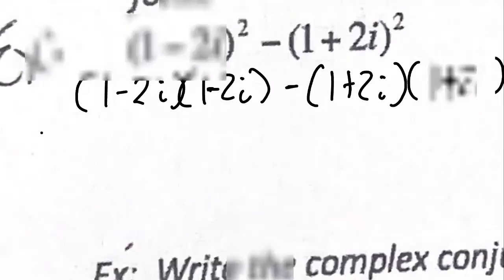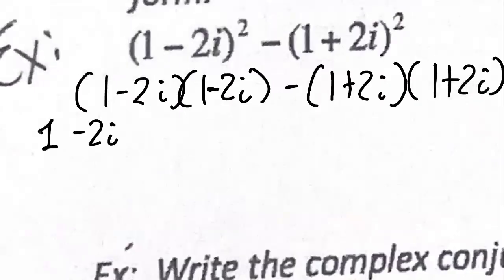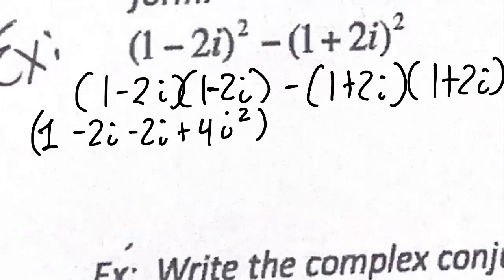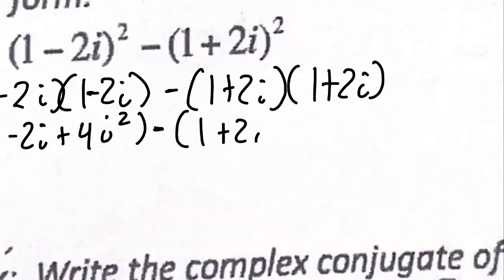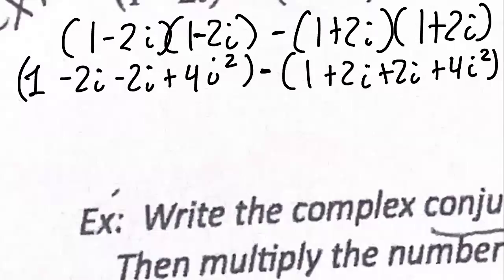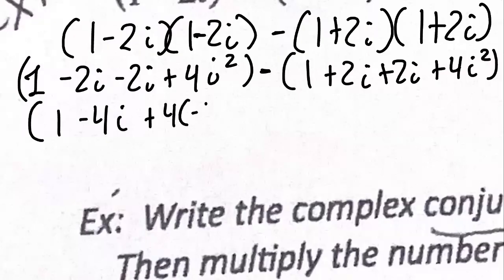So 1 minus 2i minus 2i plus 4i squared, minus 1 plus 2i plus 2i plus 4i squared. When you do distributive property, combine like terms and simplify.